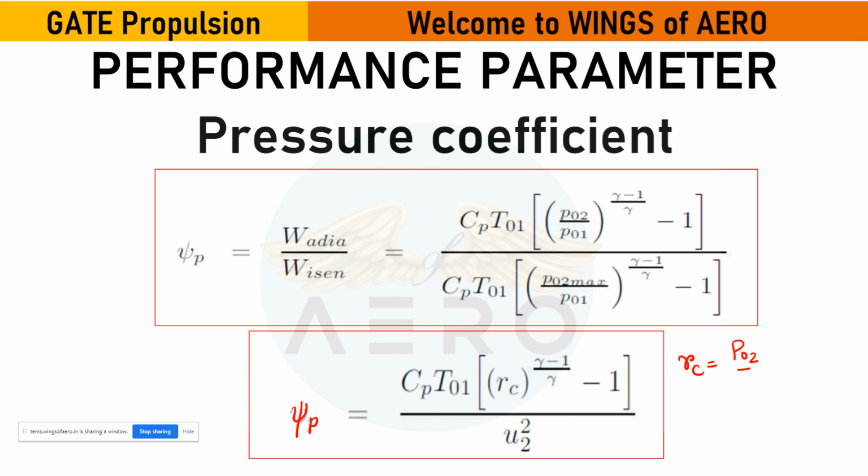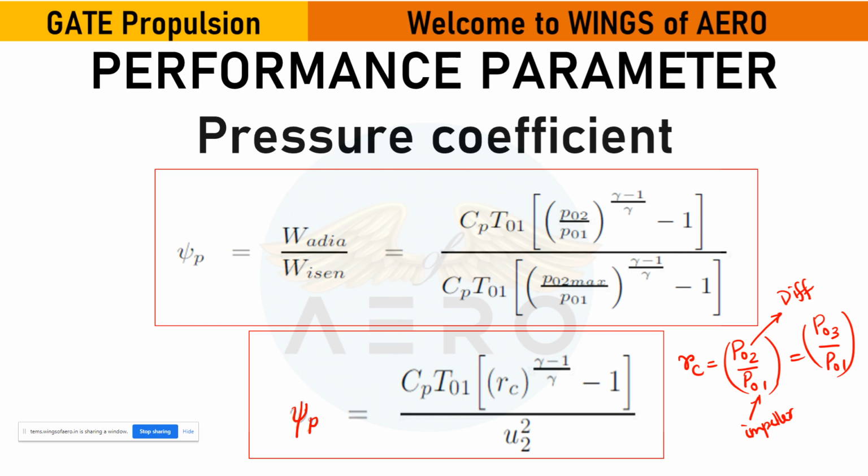RC is the overall pressure ratio. If they are giving the P03 and P01, it will be okay. The main concept is at the exit of the diffuser and the inlet of the impeller. This is the main thing.